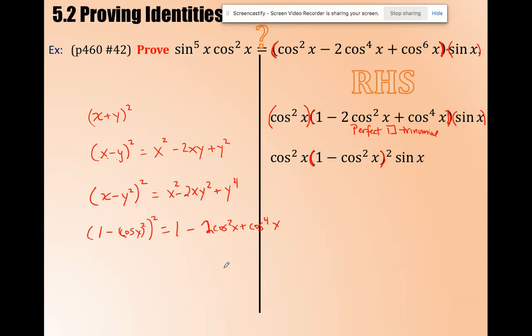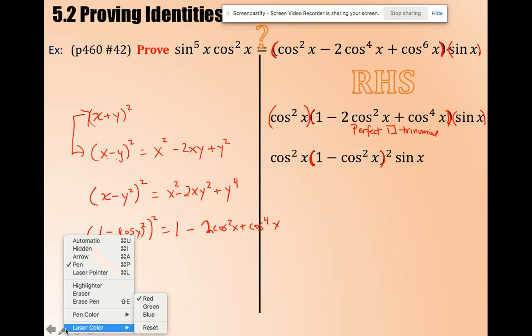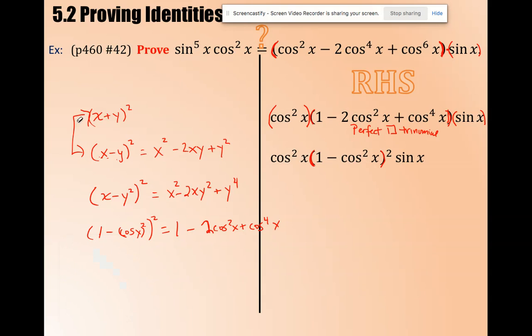But if you haven't done these two kinds of things 500 times over and over again, your brain doesn't make that connection. Now I've shown it to you. Now you have to focus on making your brain make that connection. Look for perfect square trinomials.